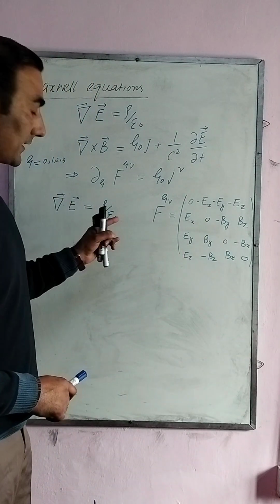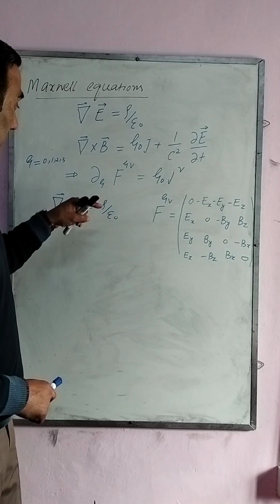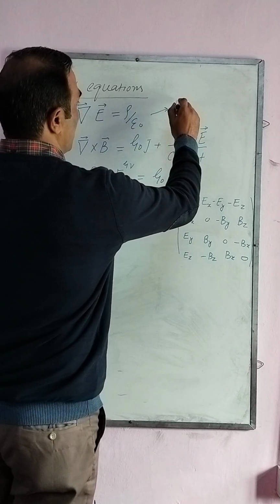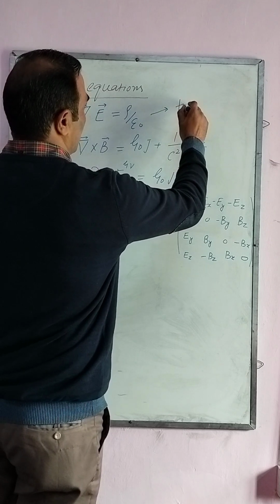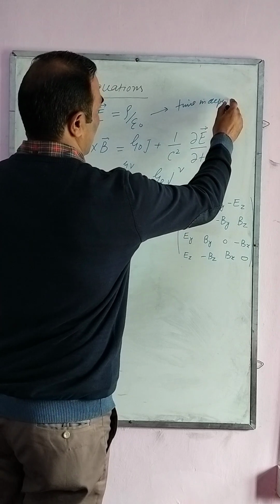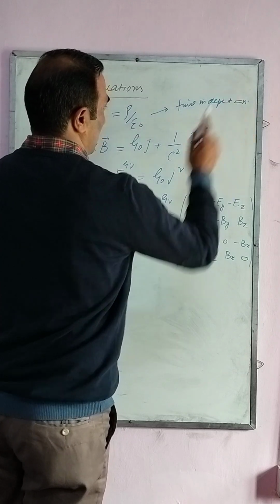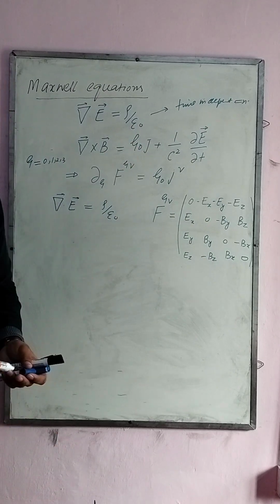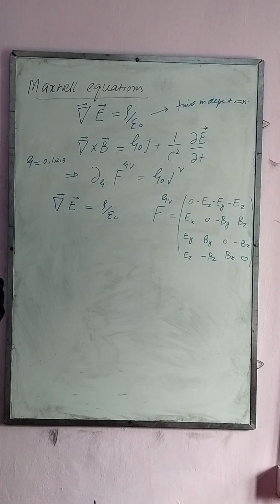So if we write the time coordinate here, because this equation is a time independent equation, the time component will be zero in that case, right?